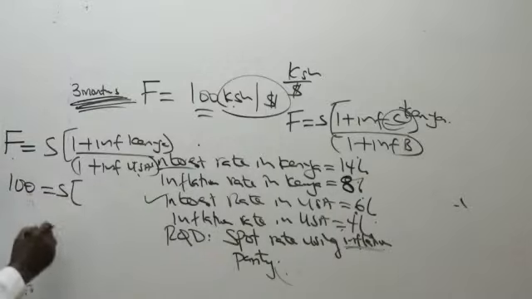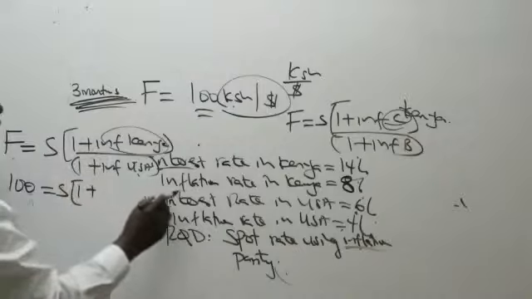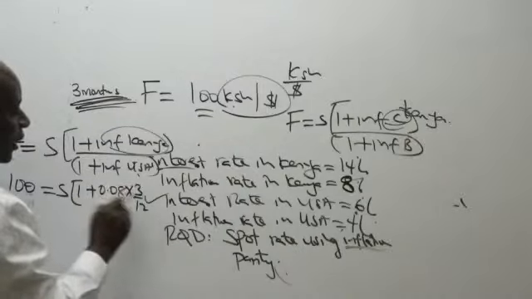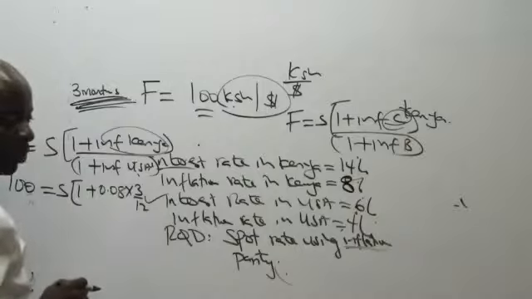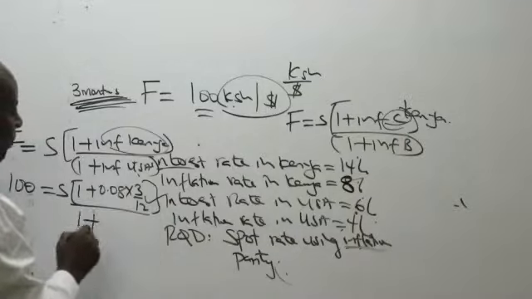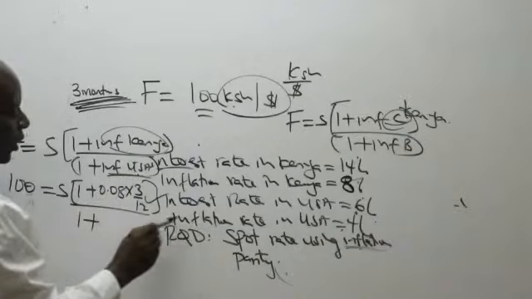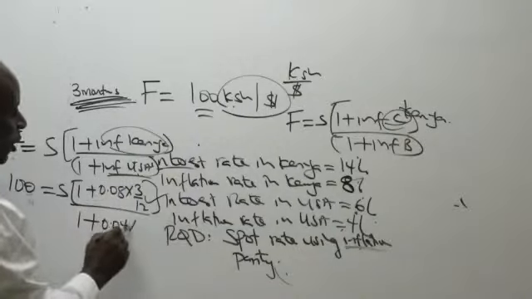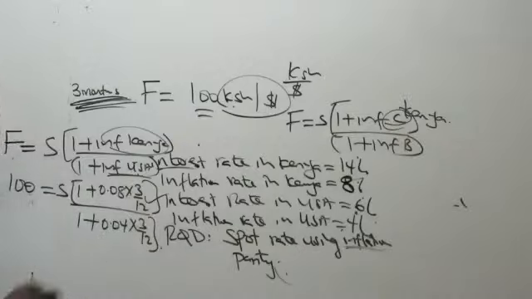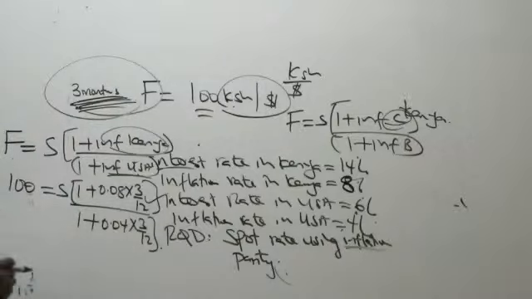Spot is what we don't have. 1 plus inflation in Kenya: inflation in Kenya is 0.08, but this figure must be prorated. All over 1 plus inflation in the US: inflation rate in the USA is 0.04, but again, this figure must be prorated. 3 months forward, it is there.